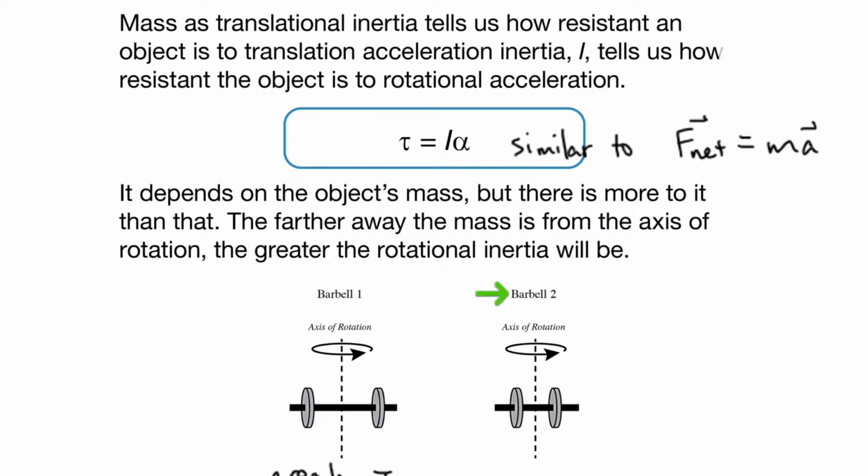But for barbell 2, the weights involved are actually fairly close to the axis of rotation. So that would lead to a lesser moment of inertia. Same mass, but different resistance to rotational motion, or changes in rotational motion, which is something I think we would want to know conceptually. But I don't feel the technical details on how to calculate I would be all that necessary.